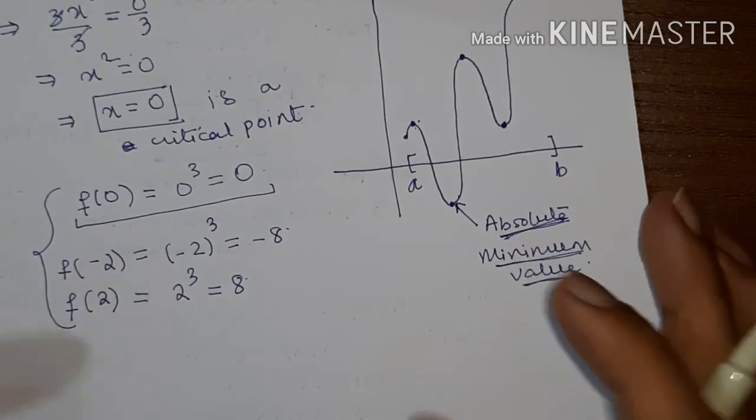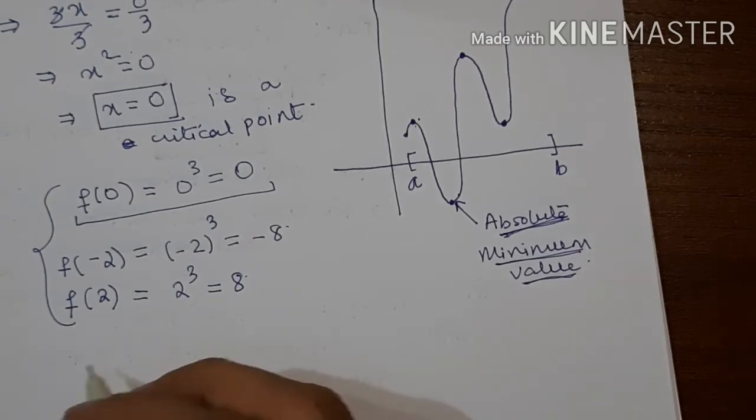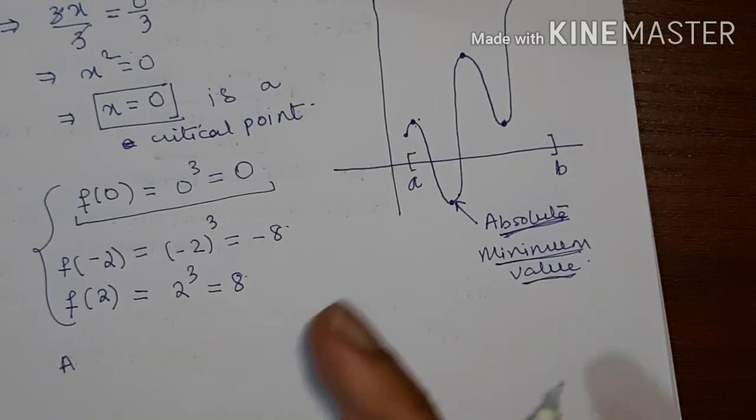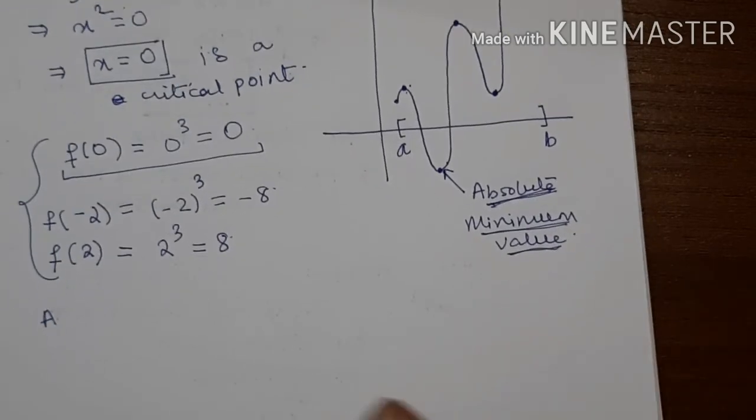Now from this you have to check which one is the greatest value and which one is the least value. The greatest value will be the absolute maximum and the least value will be the absolute minimum.